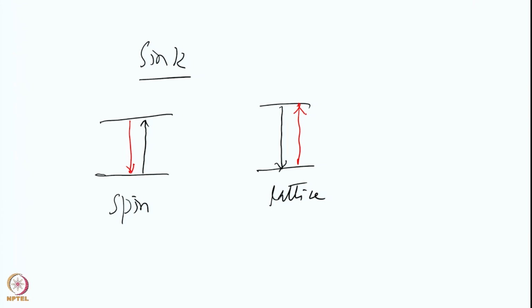So lattice and spin are constantly interacting.